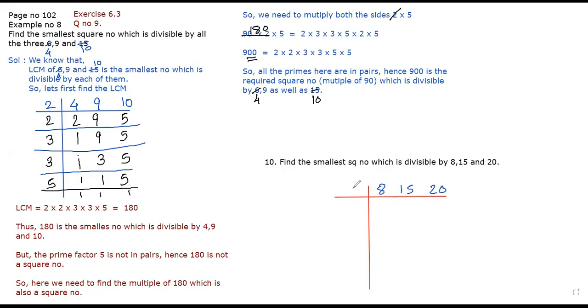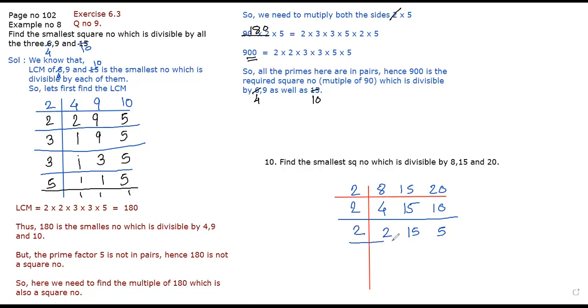Start with 2. 2 fours are 8, 15 as it is, and 2 tens are 20. Now 2 twos are 4, 15 as it is, 2 fives are 10.